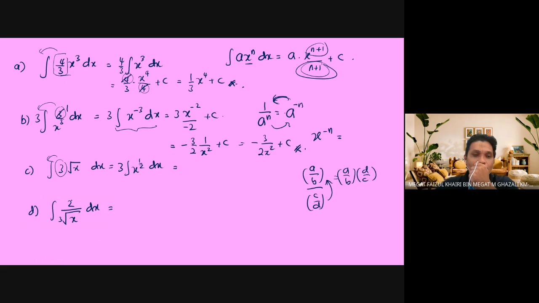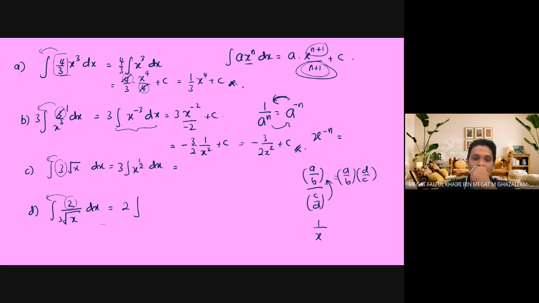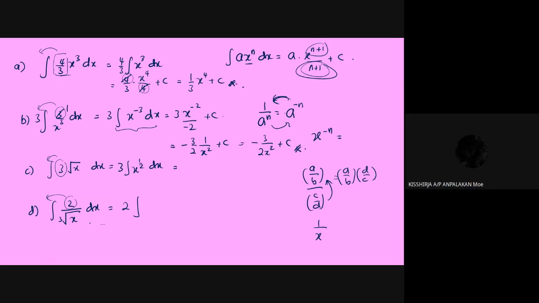Okay, the 2 again has nothing to do with the process of integration. Take it outside. Integral of 1 over the cube root of x. Square root means x to the power of half, so cube root is x to the power of 1 over 3.